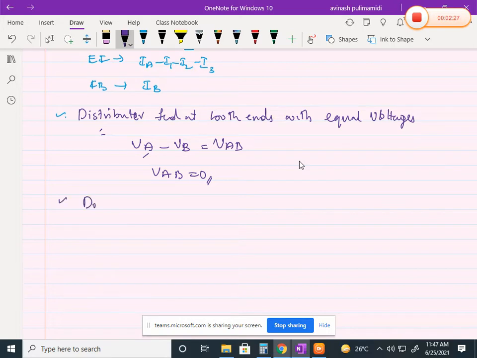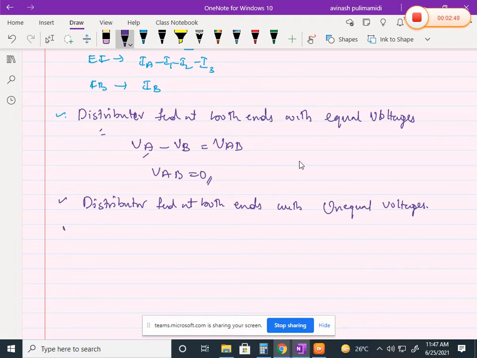Okay. Similarly, distributor fitted both ends with unequal voltages.